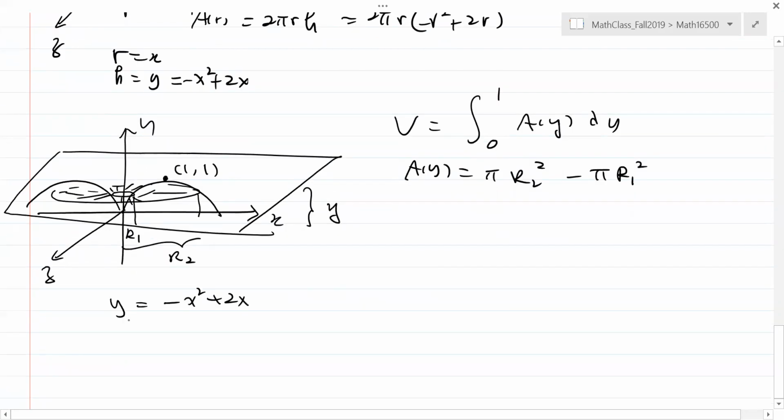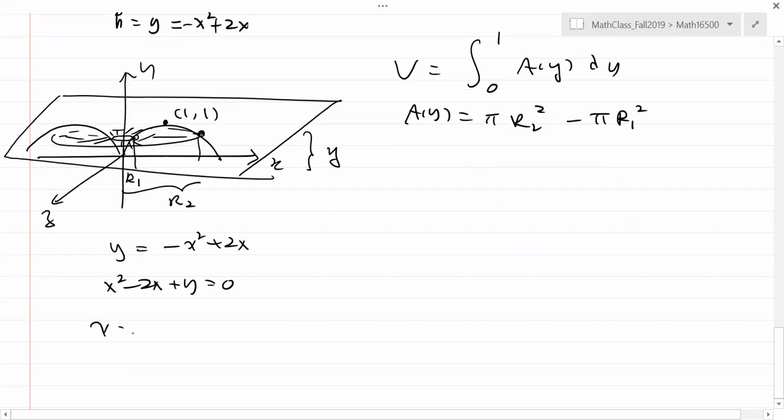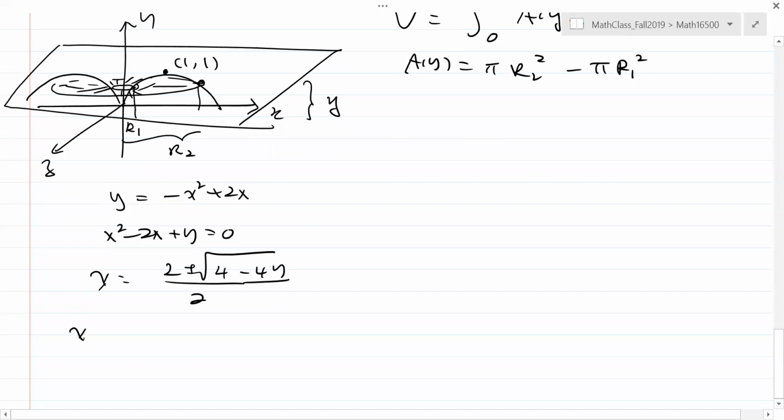For the fixed y, you get two x values. So x squared minus 2x plus y equals 0, and x equals negative b plus or minus the square root of b squared minus 4ac, over 2a. So you get two solutions.